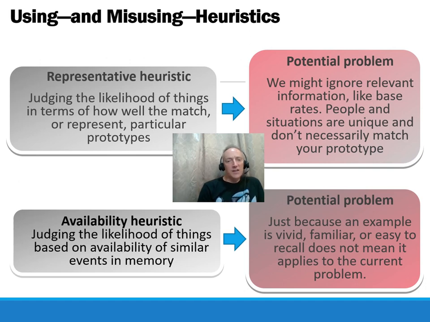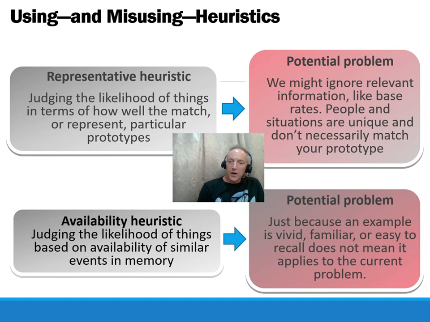It also can lead us to sort of forget that everything is unique, especially people, so they don't necessarily match up to your prototype. The availability heuristic, again, relies on how easy is it for me to think of an example.